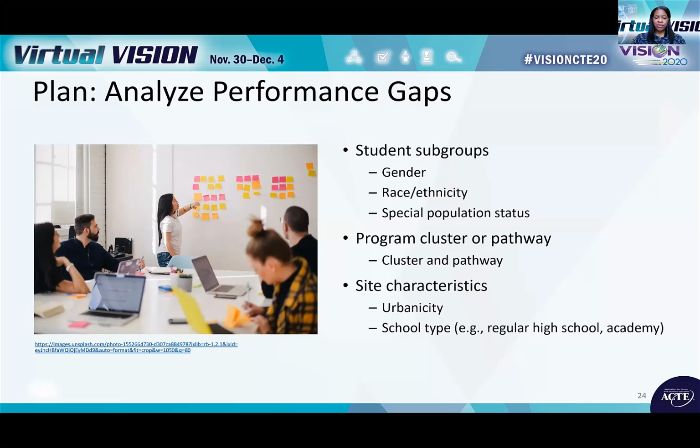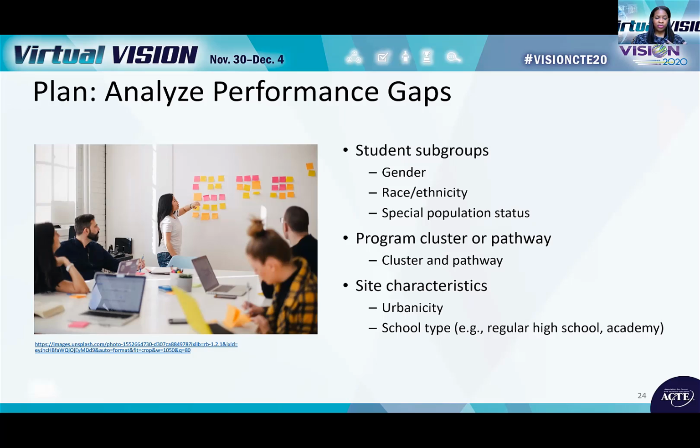You break out student populations by gender, race, ethnicity, migrant status, special population status, and you will also wish to examine outcomes of students who are participating in different types of educational clusters or pathways and see what that looks like, where the differences are that you can find out as you're analyzing the performance gaps.